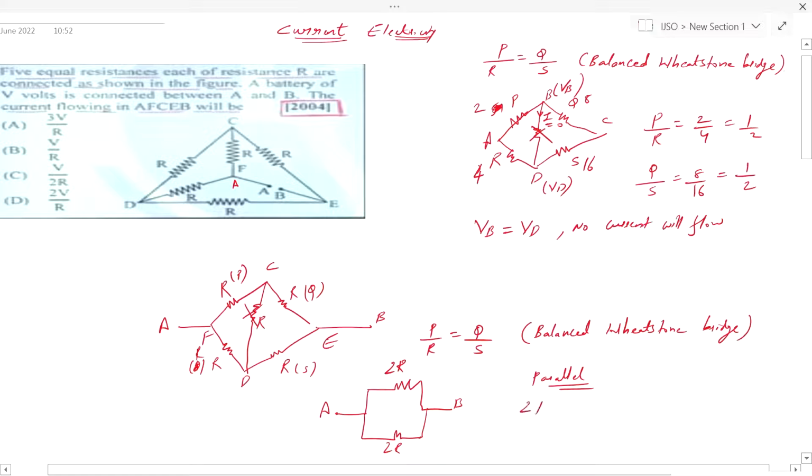Or you can do it like this: equivalent RAB will be 2R into 2R upon 2R plus 2R. It will be R. It will be half. Clear? Are you fine with this question? Should we jump to the next one?